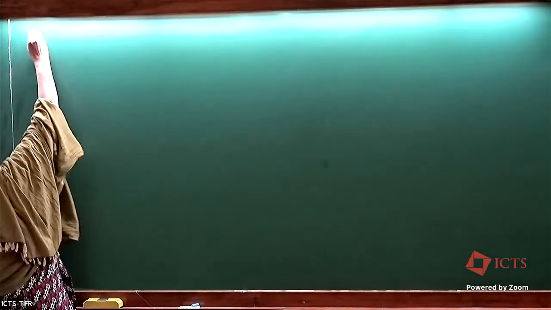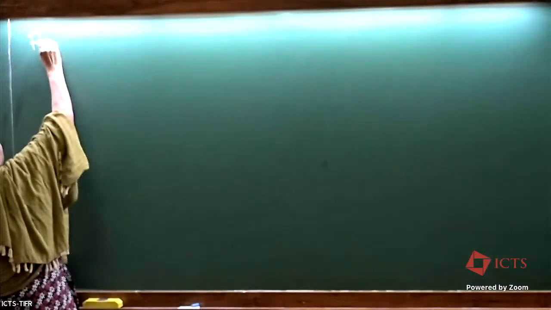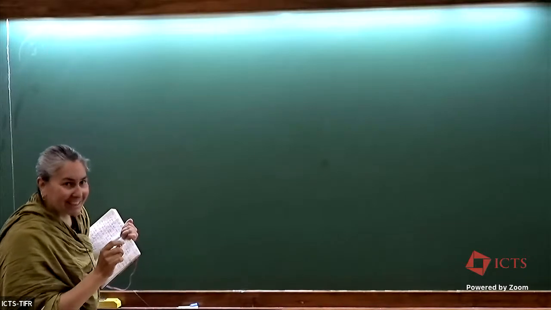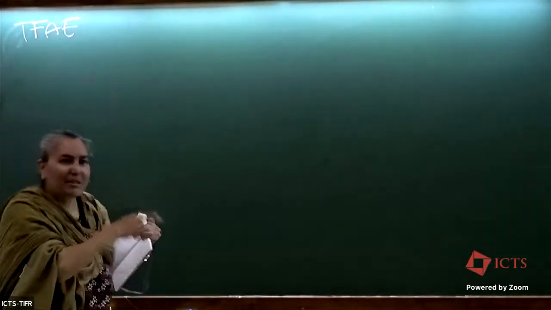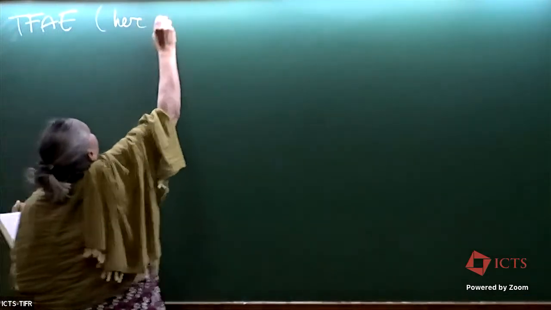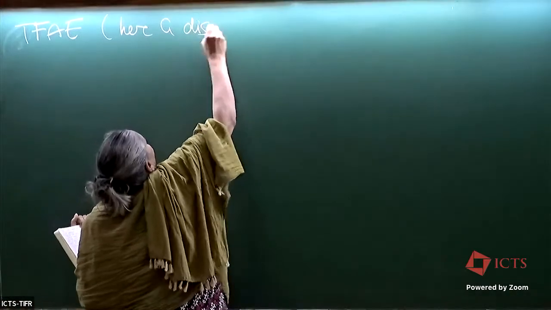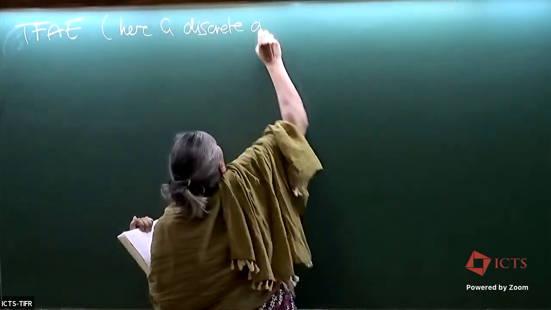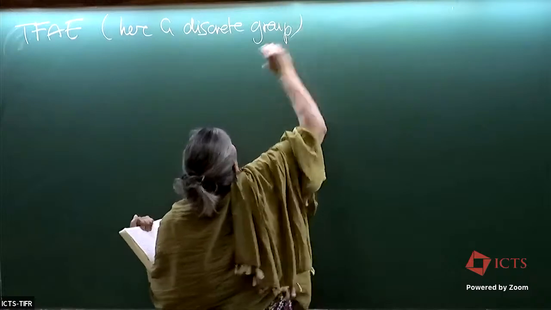Okay, so recall that I was talking about property T. Let me just recall the following are equivalent. So TFAE means the following are equivalent, and I'm going to make G discrete. Of course, G is always a group.